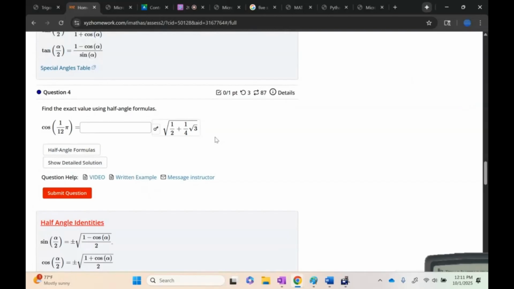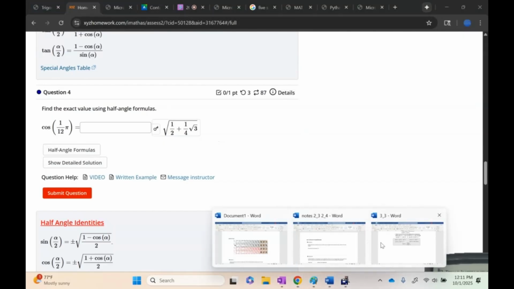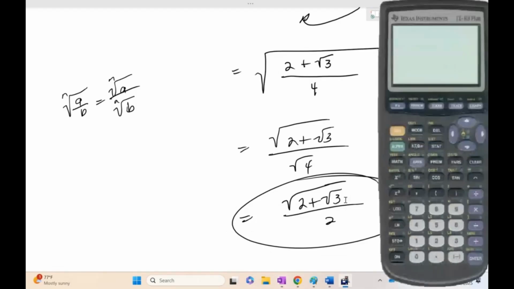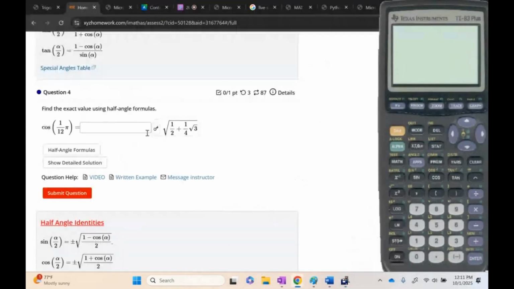The square root of 1/2 plus 1 divided by 4 times the square root of 3. And then notice what my answer is. My answer is this. Numerically, these are the same. It will take this answer, though. I'm going to put it in. Well, before I put it in, I want to evaluate both of these answers. So I'm going to put this one in kind of slow.